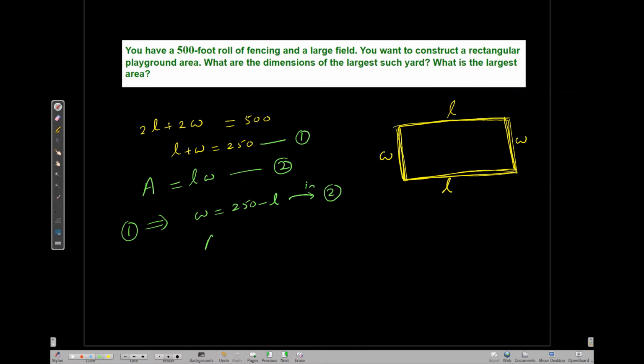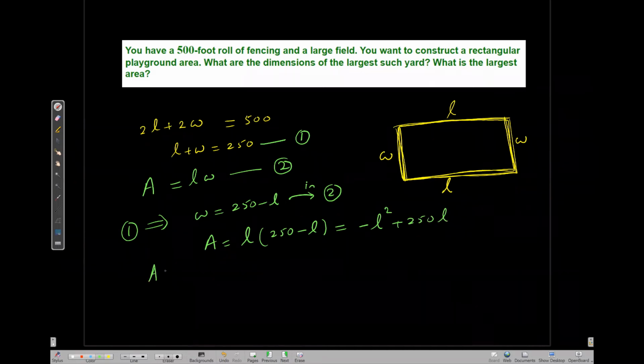So I will get A equals L times 250 minus L, which is minus L squared, if I write down the square term first, plus 250 L. So this is a function of L. So A of L, exactly like f of x is a function of x. Now the variable is L. As L changes, the area changes.